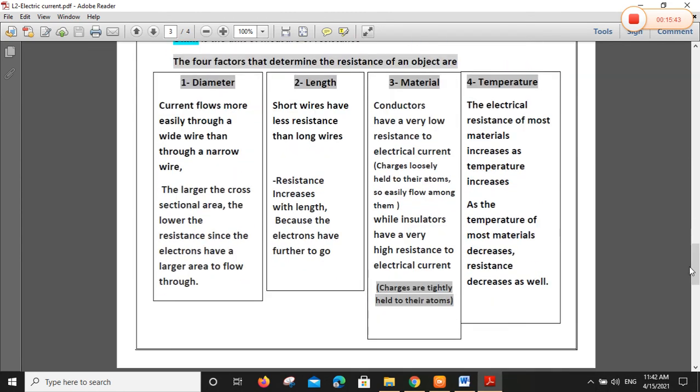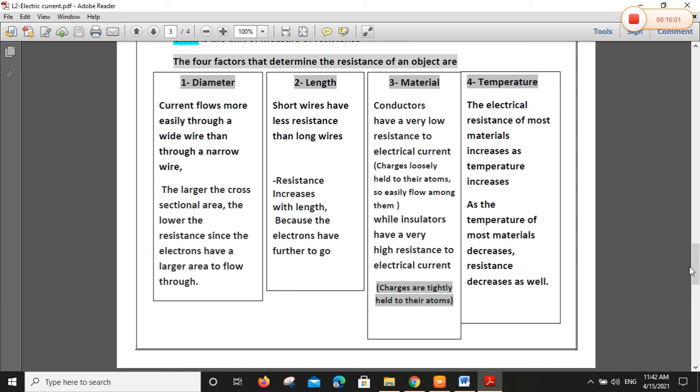Copper is the best for electric current because it has lower resistance than iron and aluminium.